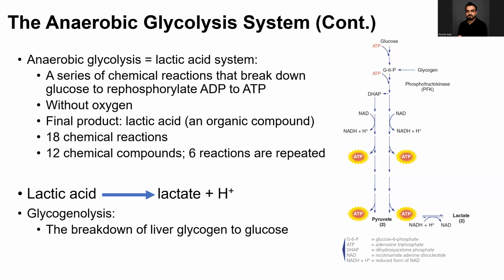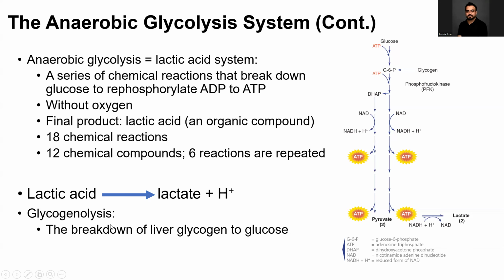And we have glycogenolysis, which is the breakdown of liver glycogen to glucose. So this glucose, the starter of the glycolysis system, can come from the breakdown of liver glycogen, which is called glycogenolysis.